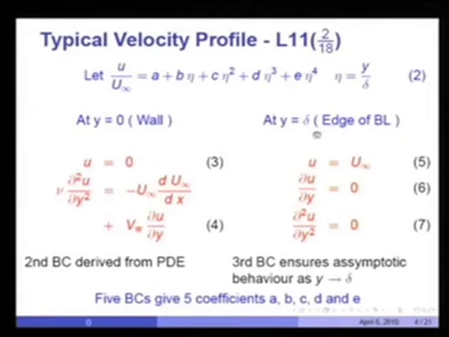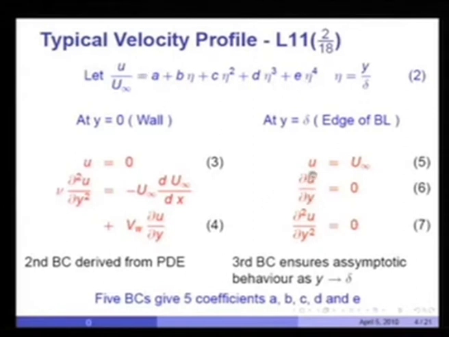At the edge of the boundary layer, y equal to delta, u will equal u infinity, and therefore the left hand side will be equal to 1, and so will each of these etas be 1. So, you will have a condition a plus b plus c plus d plus e equal to 1.